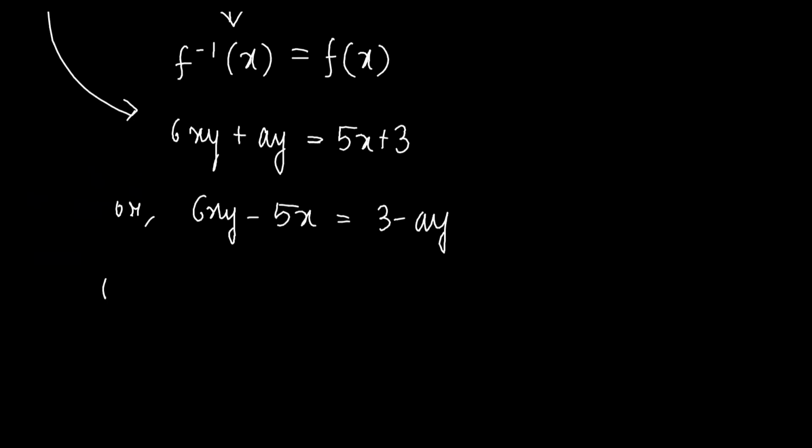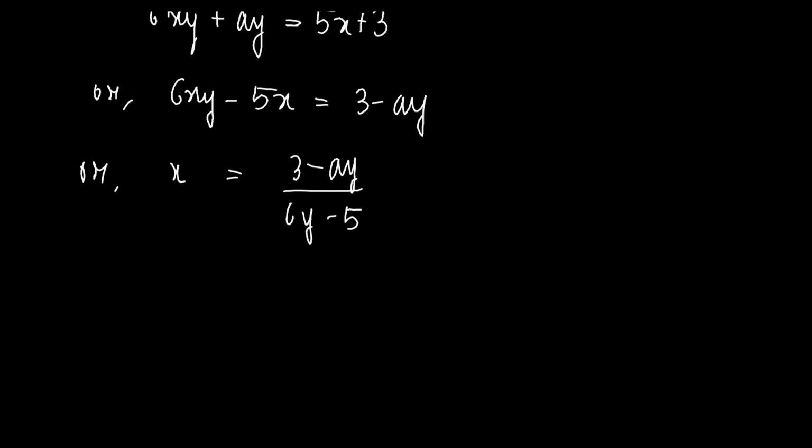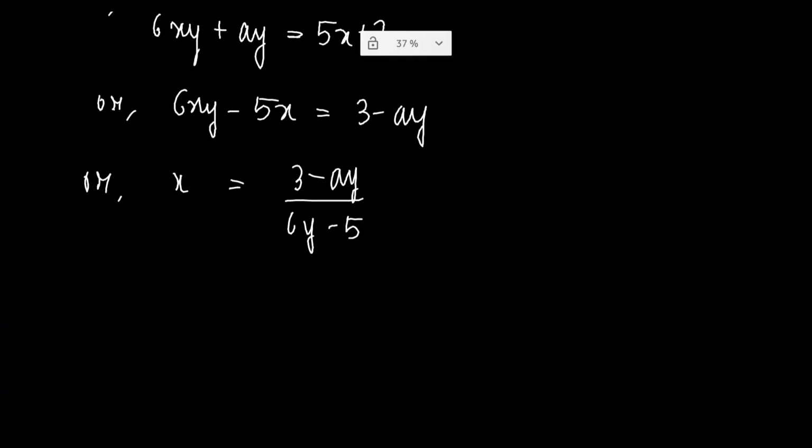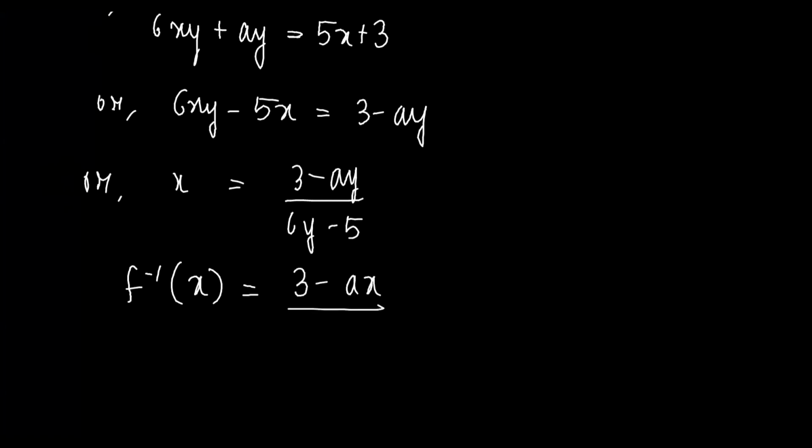Taking x common, we get x equal to 3 minus ay by 6y minus 5. Now you can see this is f inverse of y. So if we put x in terms of y, we can write f inverse of x is 3 minus ax by 6x minus 5.